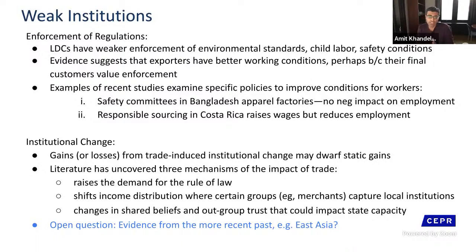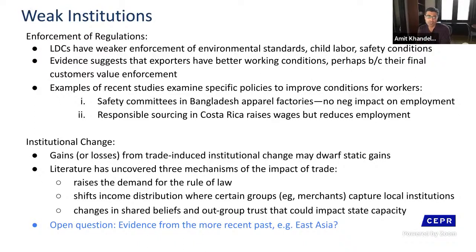And so I think these are two interesting studies that are looking at specific policies of the private sector to improve worker conditions. And of course, we need a lot more. These are Costa Rica versus Bangladesh, different sectors, different levels of economic development, and how that generalizes is a really important question.